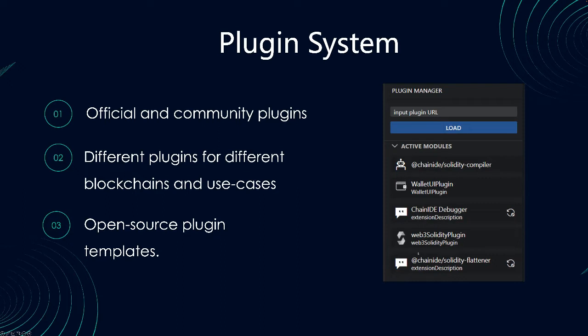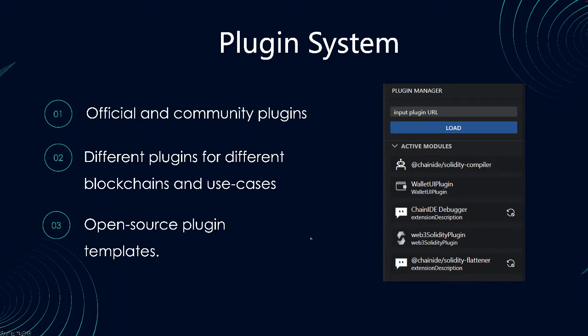We also provide a plugin called Solidity Flattener, which is quite useful for a large project. When you try to verify your project on Etherscan, it's better to flatten all your smart contracts into one big Solidity file, then copy and paste it to Etherscan, and we can do the verification easily.